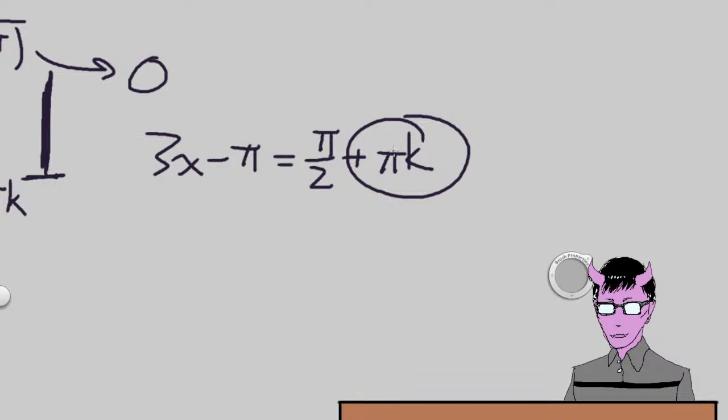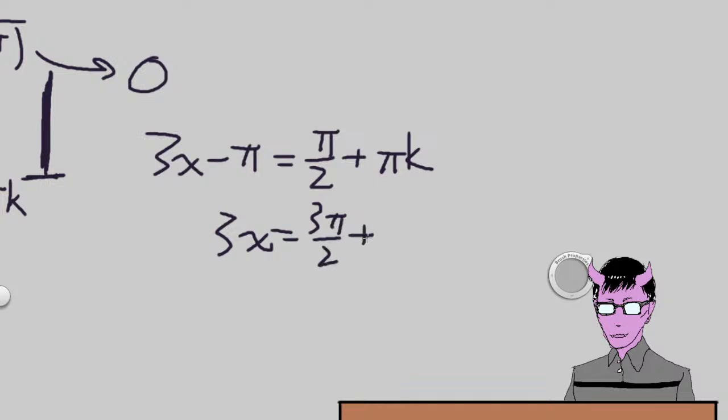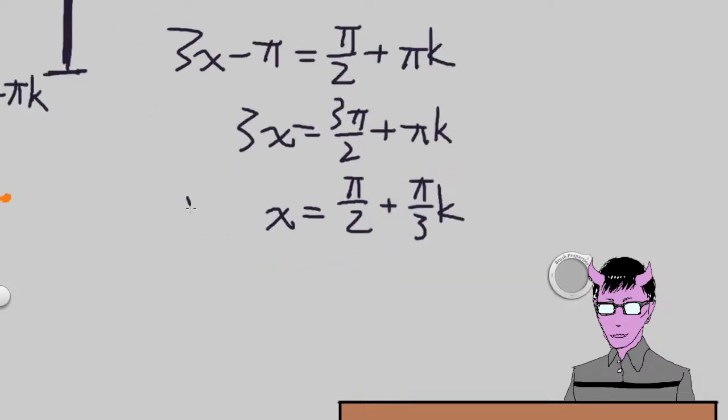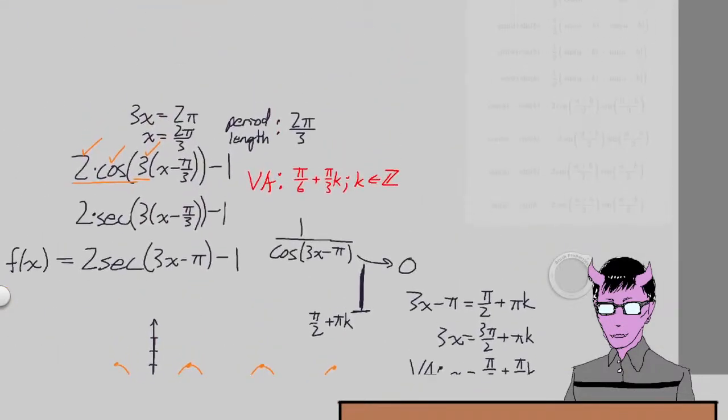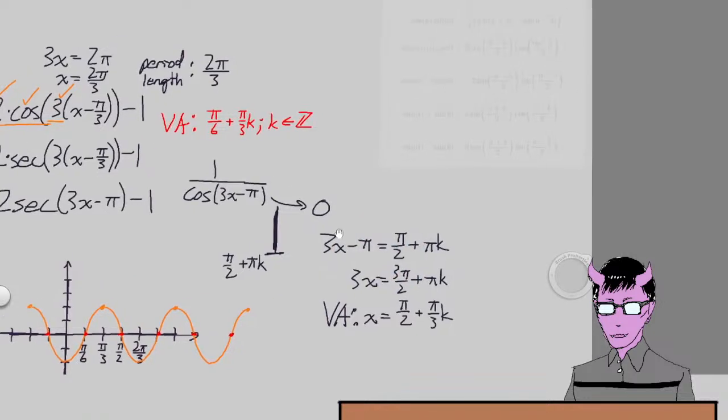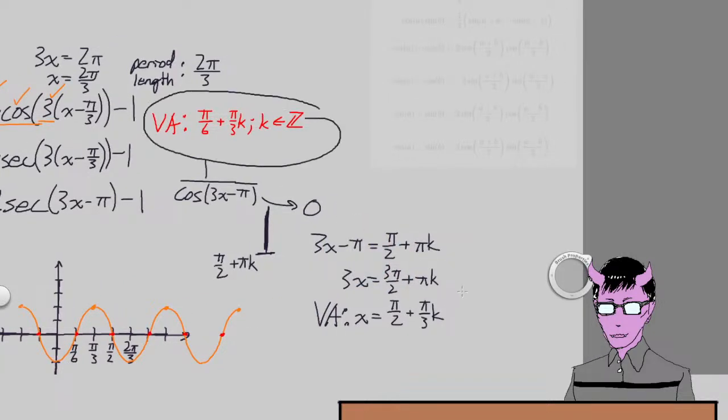With all coterminal angles accounted for, we're just going to add pi to both sides again. So same mathematics. And then divide both sides by 3. This one's also divided by 3. And thus do we get the vertical asymptote locations. And it should agree with what we found graphically.